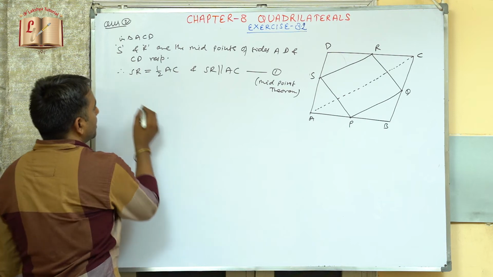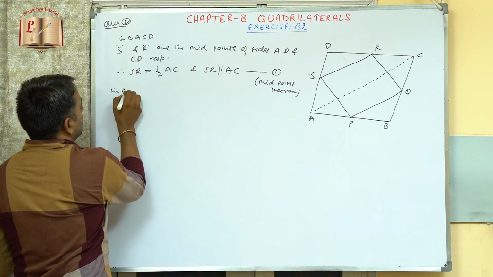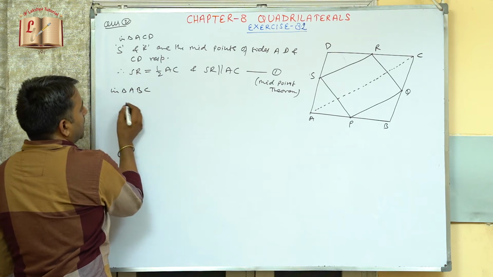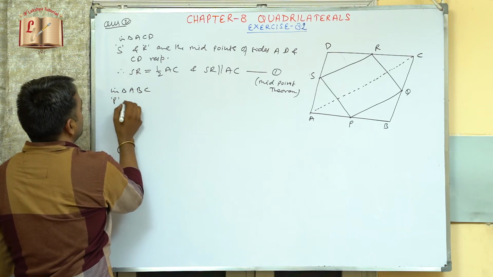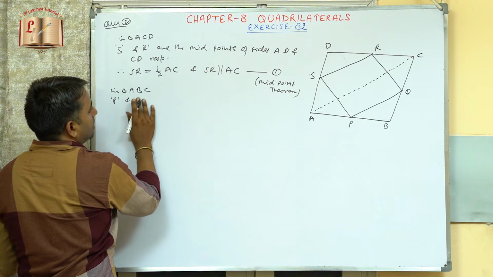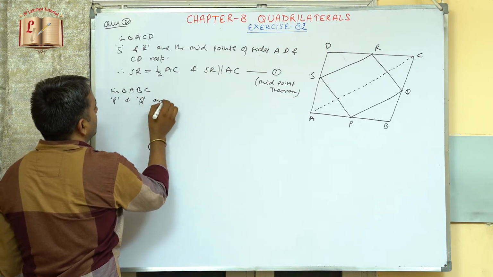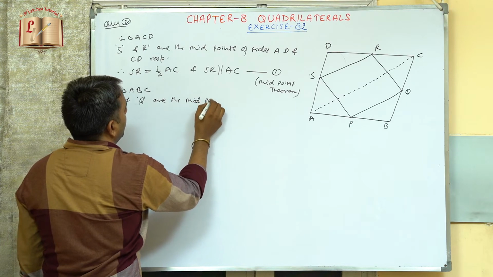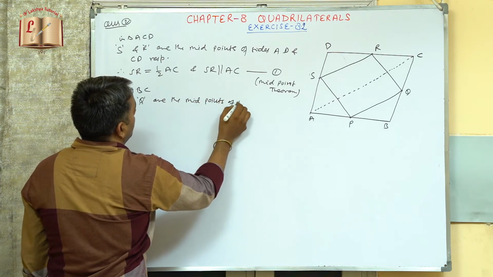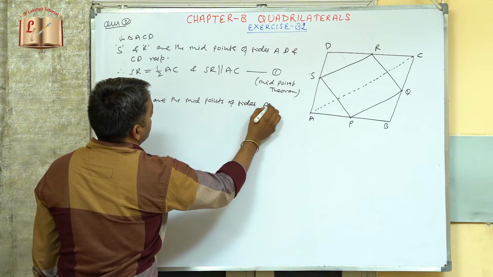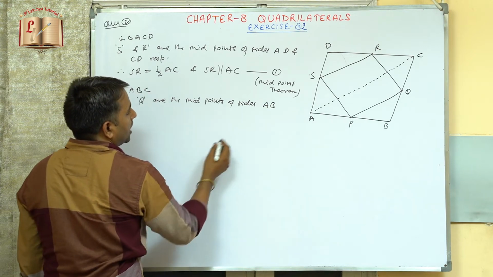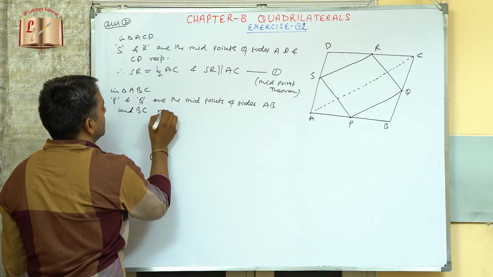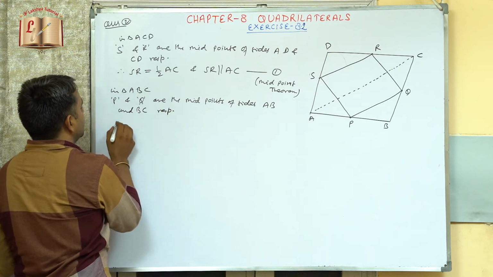Now similarly coming to the next one, in triangle ABC, P and Q are the midpoints of sides AB and BC respectively.